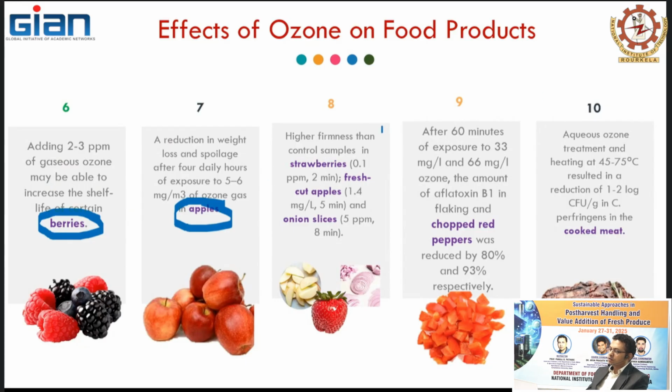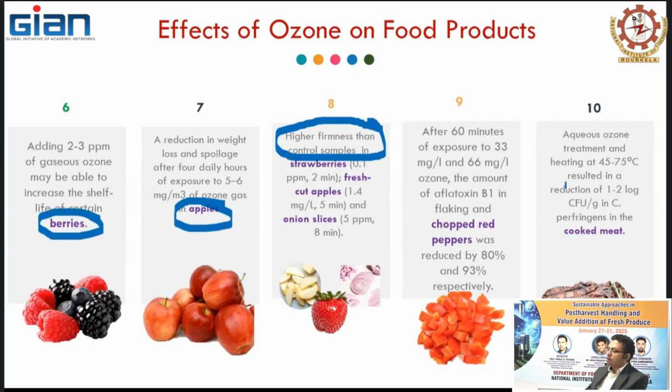There was a study particularly on fresh cut apple and onion slices, where the bacterial as well as the textural properties may be maintained throughout the process due to ozone. Even for chopped peppers, and this one for meat.